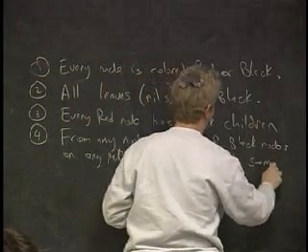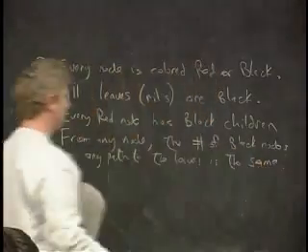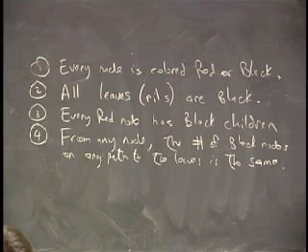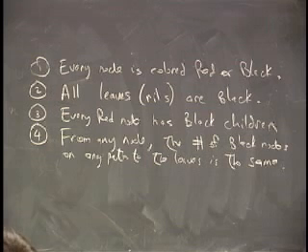That is really bad wording, so let me say what I mean. If you pick any node you want, and you start from there and work your way down to the bottom, you will pass through the same number of black nodes. Doesn't matter whether you go this way, or this way, or that way, you'll pass through the same number of black nodes.